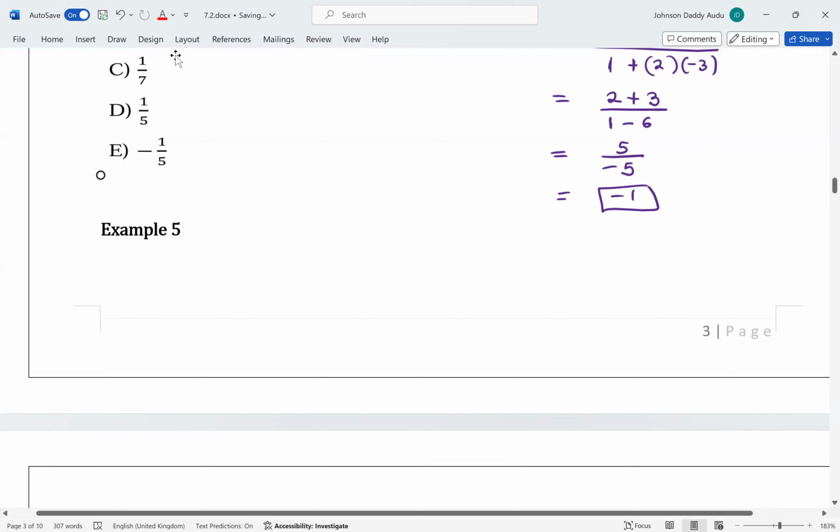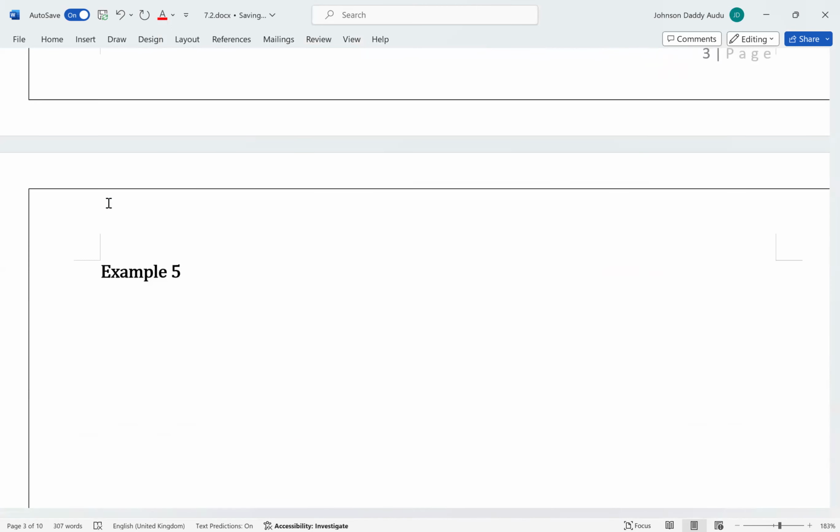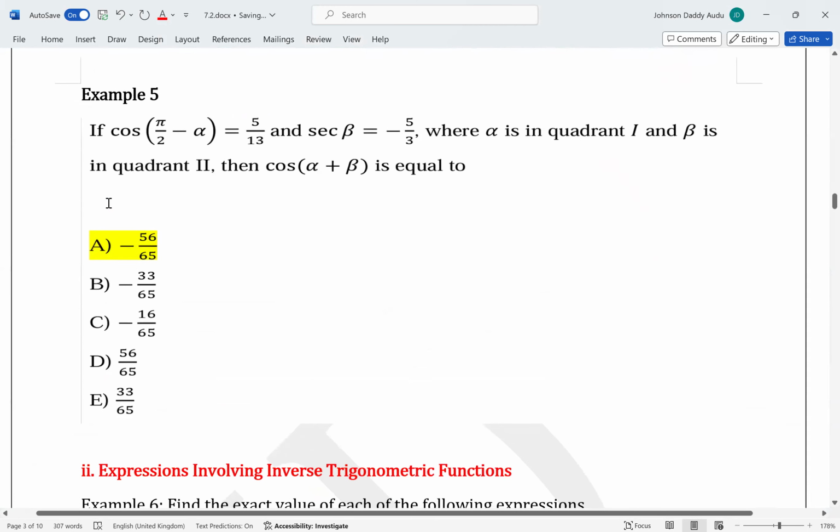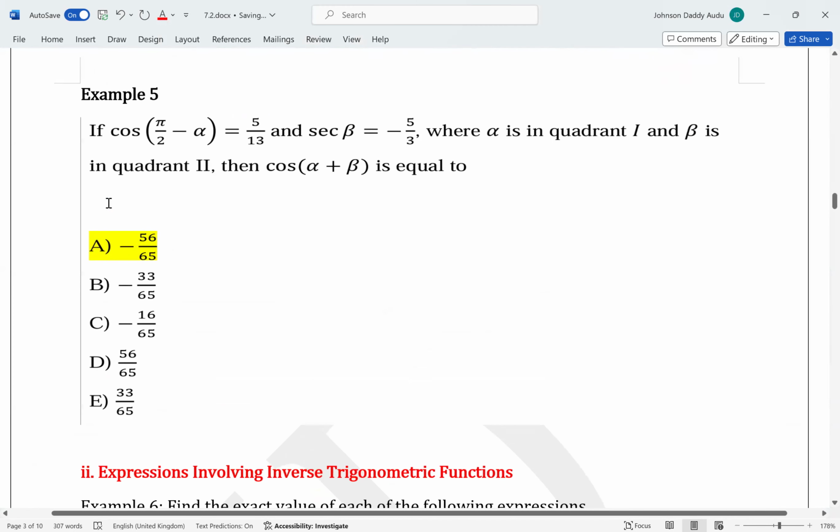All right, let's see another example, example number 5. Okay, for example number 5, we have this. Now, here we're told that cosine of pi over 2 minus alpha is this.